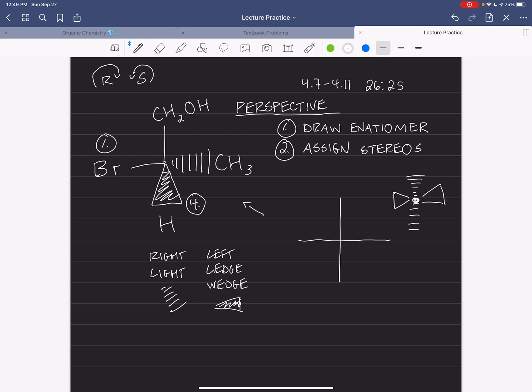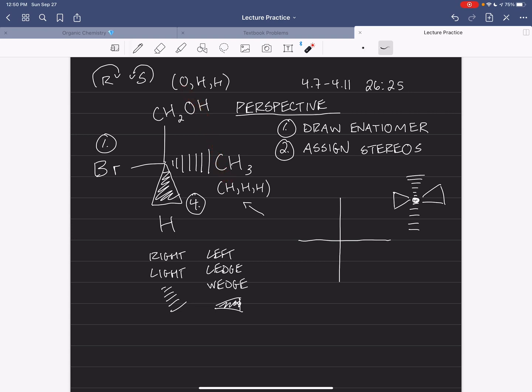Let's finish out our other rankings here. This carbon here is attached to hydrogen twice, or 2 hydrogens, and 1 oxygen. This carbon is attached to 3 hydrogens. When we compare the two, oxygen beats out hydrogen easily.